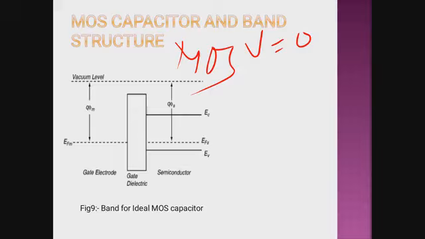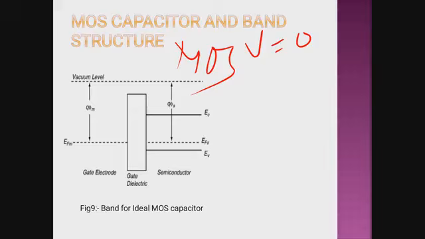And why is it called flat band condition? Because from this figure we can conclude that there is no charge particle accumulation happening either on the metal side or on the semiconductor side.